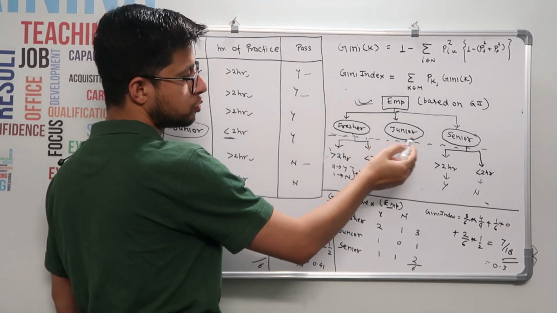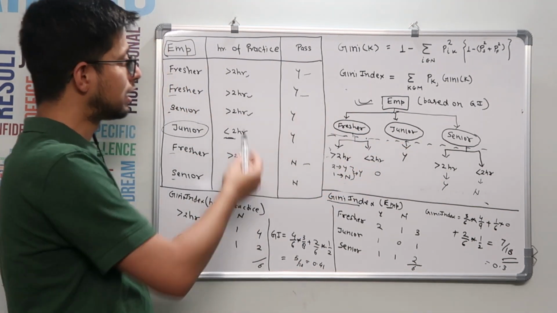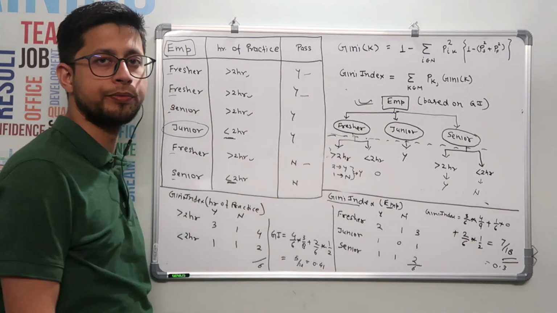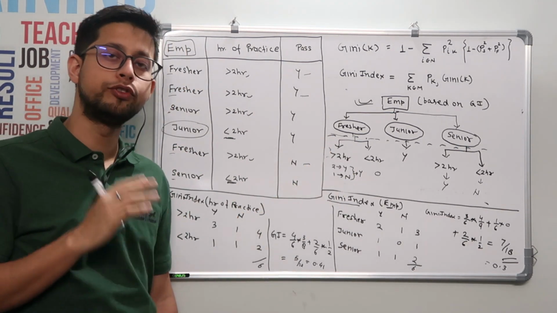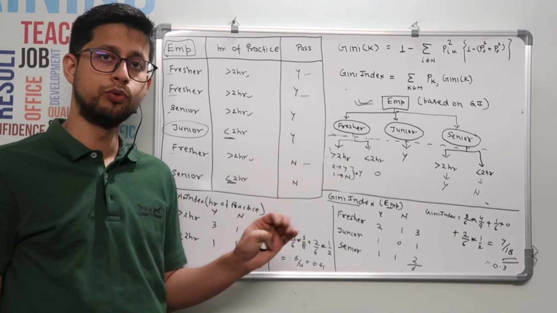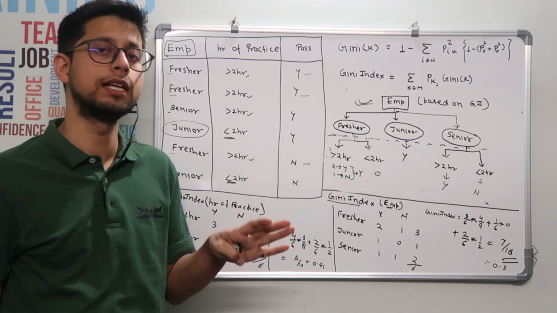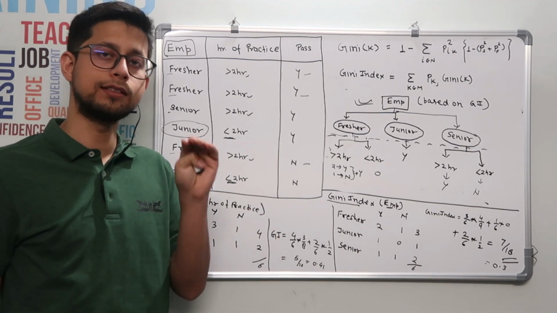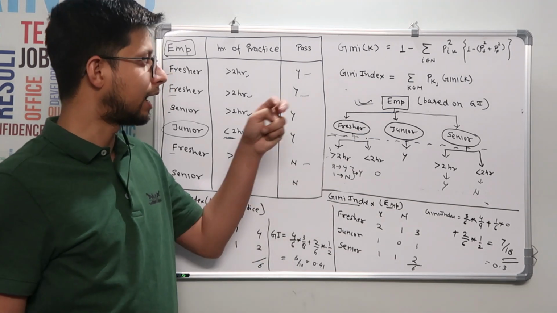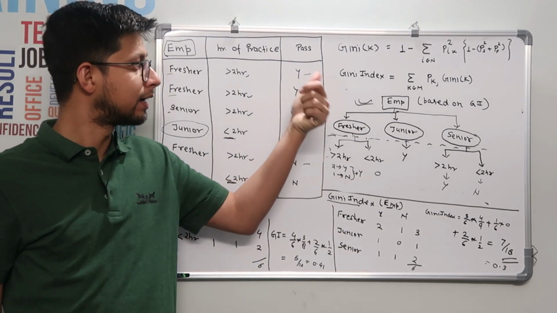And similarly with respect to junior, with respect to senior you can do, but here we have only hours of practice, then of course we can segregate it like this, okay? But the concept remains the same. You focus on the concept. You calculate the Gini index and see which node has less Gini index and make that the parent node, okay? So that's how a decision tree is built.